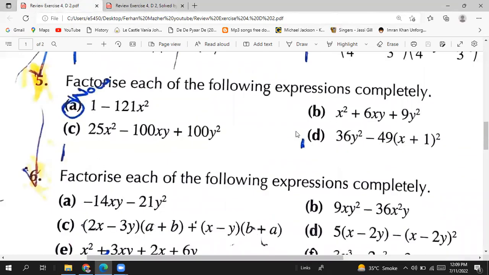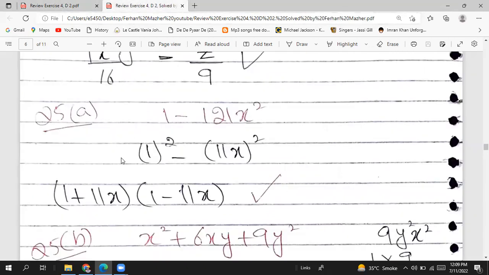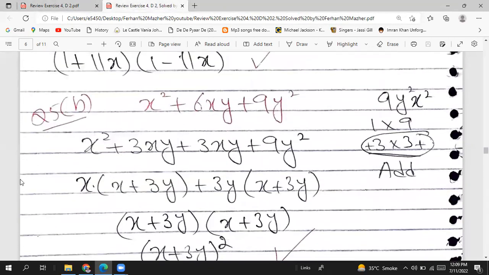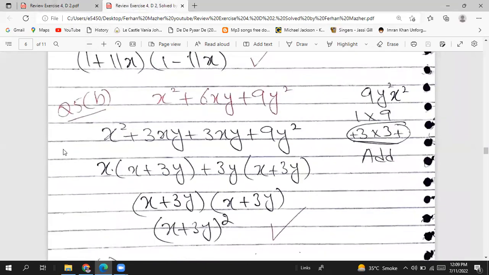Question number 5, it's B part. It's x square plus 6xy plus 9y square. So we can use here the identity, and we can also use the midterm breaking. So I have adopted midterm breaking. I will multiply the extreme terms. You get 9y square x square. I will write the factors of the 9. The factors of the 9 are 1 multiply 9, 3 multiply 3.